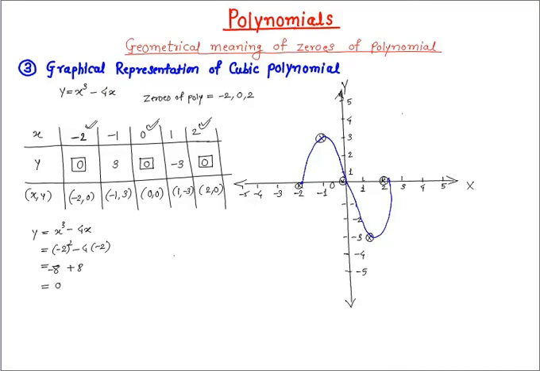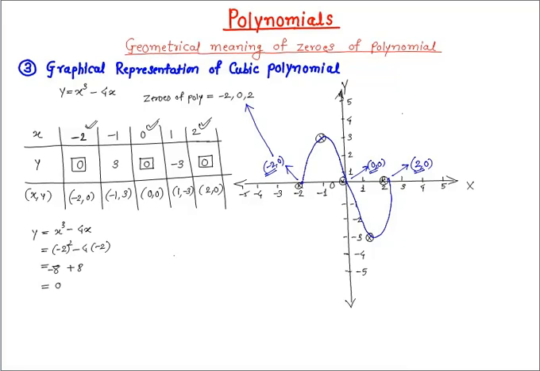If you observe, this graph is cutting the x-axis at 3 points. First, second and third. What are these points? (-2, 0), this is the origin (0, 0), and this is on the x-axis (2, 0). Now if we just take the x-coordinates of these points, that is -2, 0 and 2, what are these? These are the zeros of the polynomial.